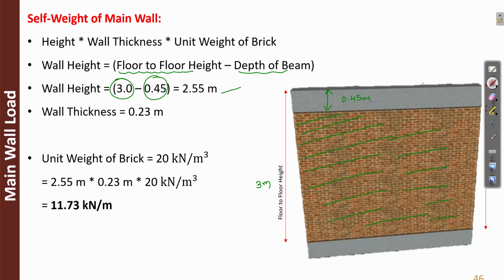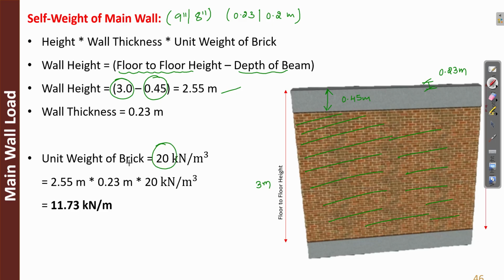And you should know the thickness. Thickness of this wall is 0.23 meters. Main walls are of two thicknesses, either 8 inch or 9 inch. For 9 inch it is 0.23, for 8 inch it is 0.22 meters.